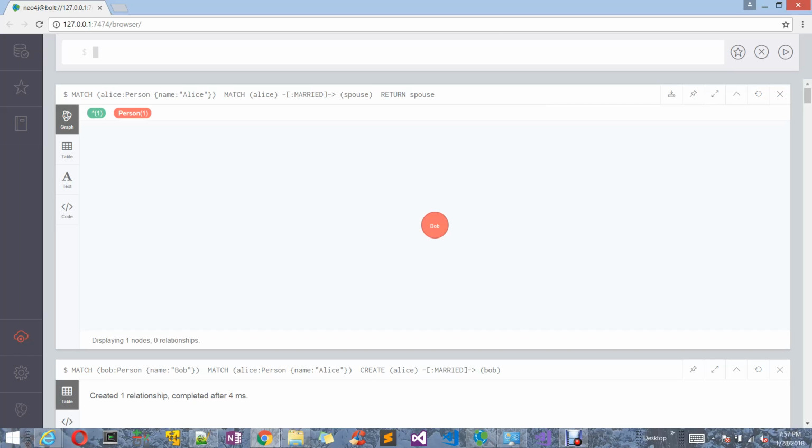In Neo4j, there can be multiple relationships between data nodes. Now, this ability to easily add and remove relationships between data nodes reveals something that is important.